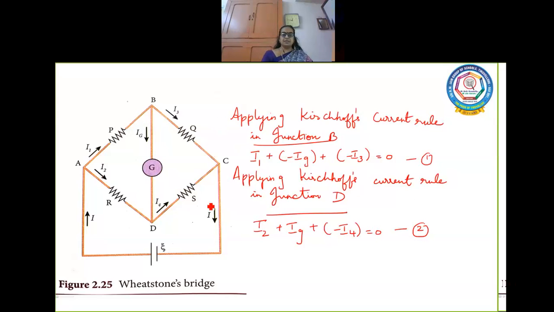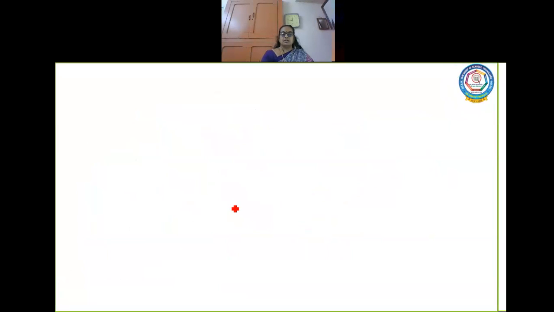Now let me go to the next page and apply the voltage law to the loop. Whenever we talk about voltage law, we need to talk about a closed loop.